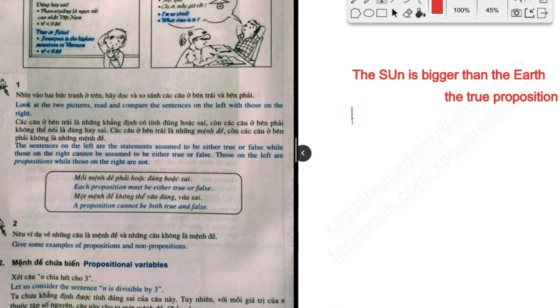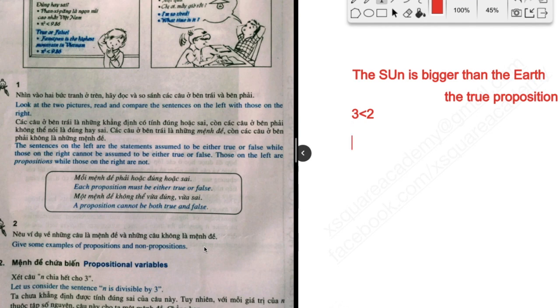Three is less than 2 is a proposition, but a false proposition, because 3 cannot be less than 2, right? And non-propositions are a lot.